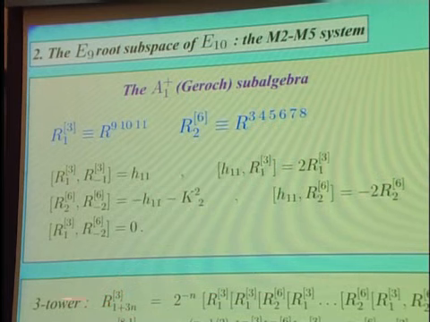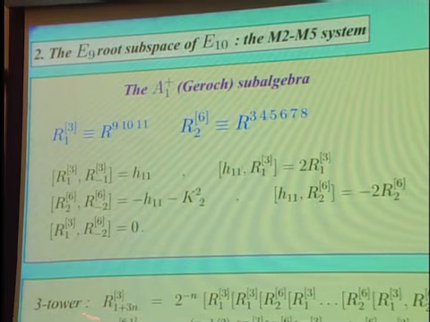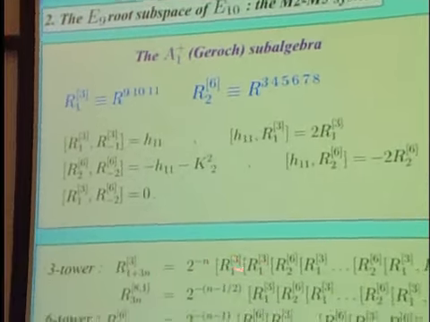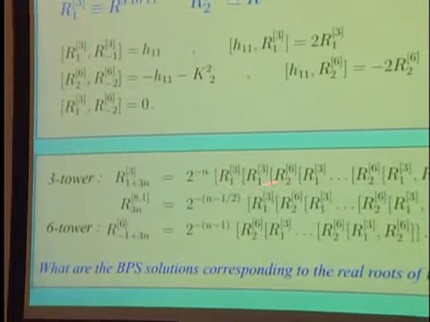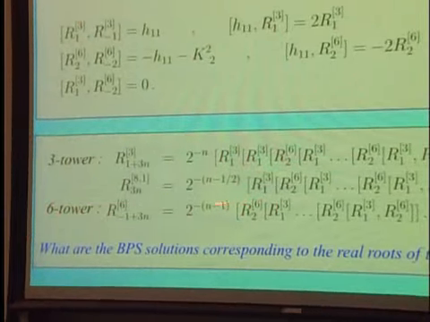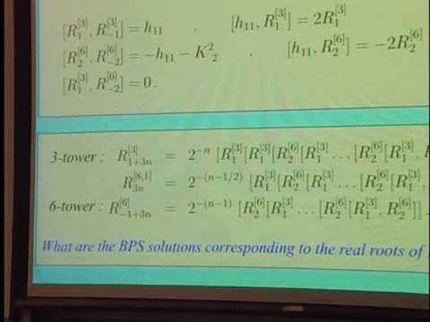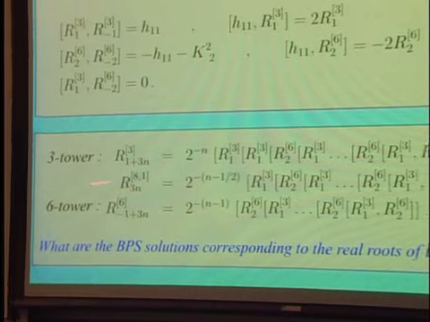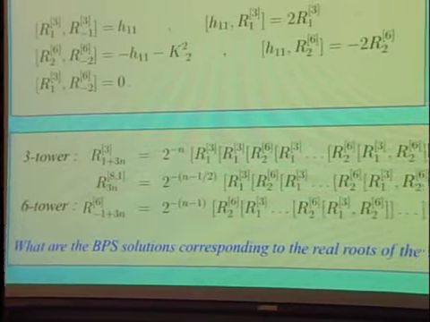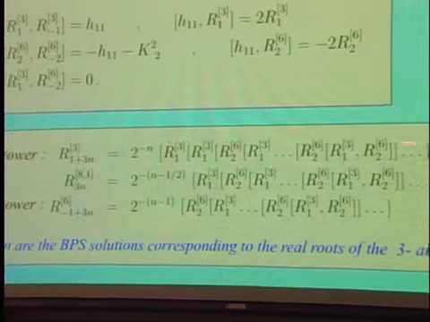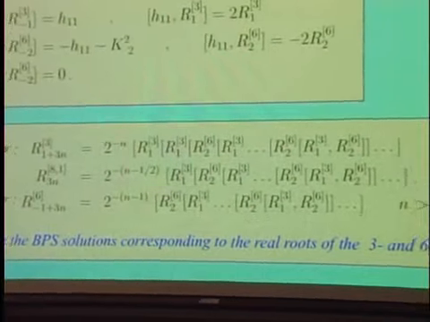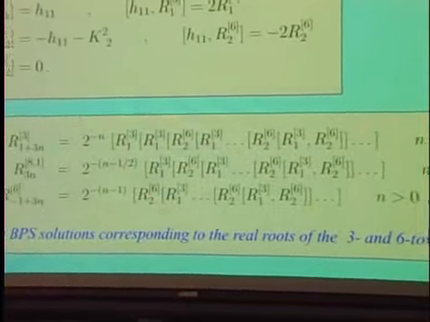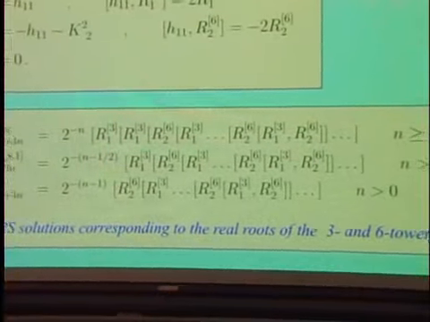And there are 3 towers essentially. A 3 tower which contains one more 3-index object than a 6-index object, a 6 tower which contains one 6 object more than a 3 one, and the other one which contains as many 3 and 6. Now, there are no other ones. That's a consequence again of the Serre relation. So this is the full algebra.